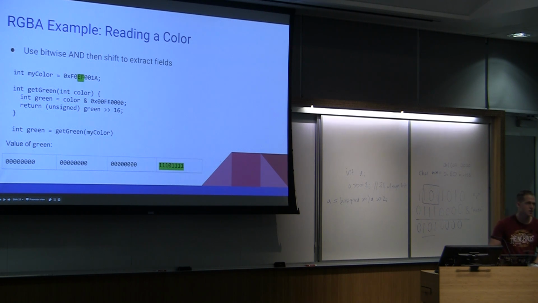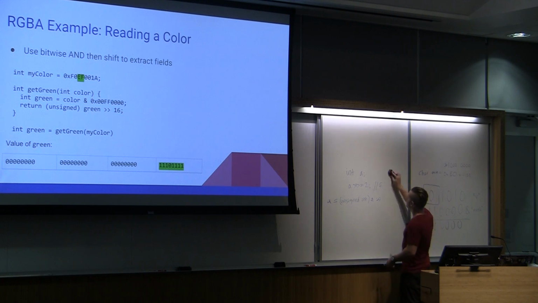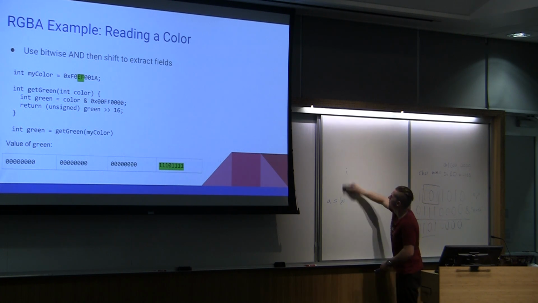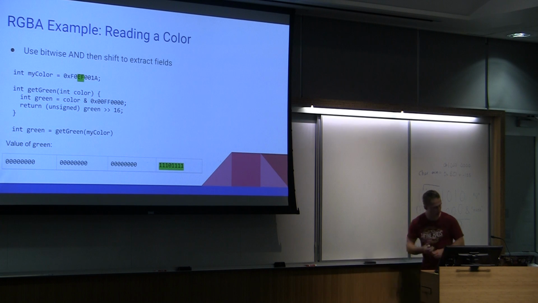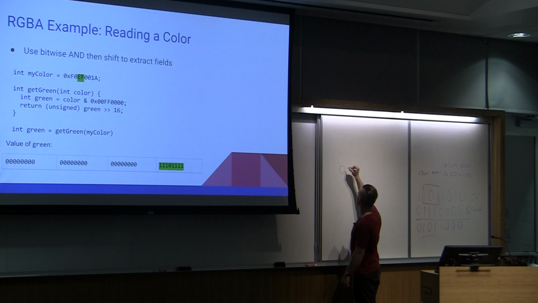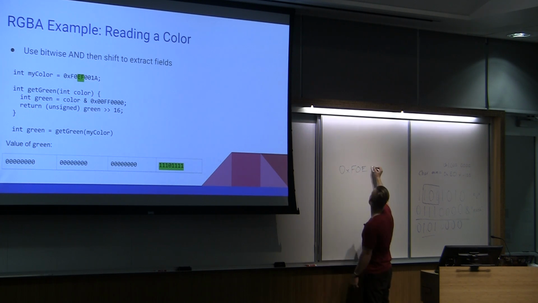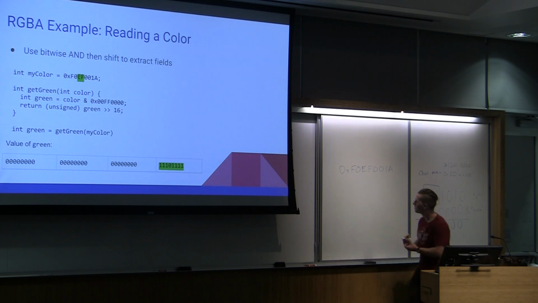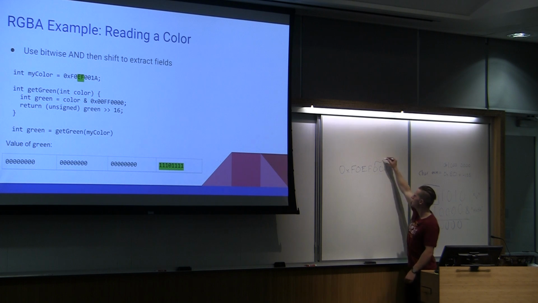In this case, I can't just shift it to the right, because if I start with the color as it's written up there, F0EF001A, I might try first just shifting this to the right by 16 bits.